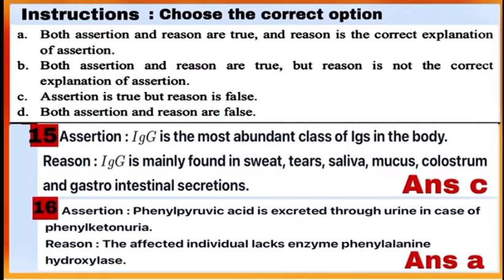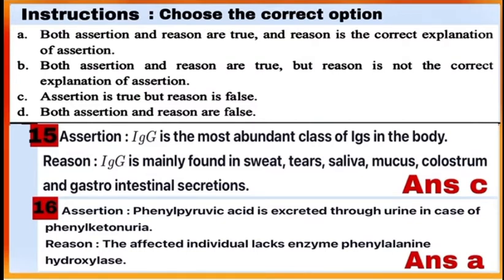It is found in the blood, lymph and intestine. So here assertion is correct, but reason statement is false. Its correct form is: IgA is mainly found in sweat, tears, saliva, mucus, colostrum and gastrointestinal secretion. So A is true but R is false.